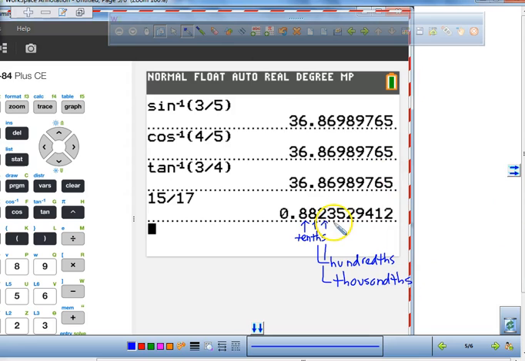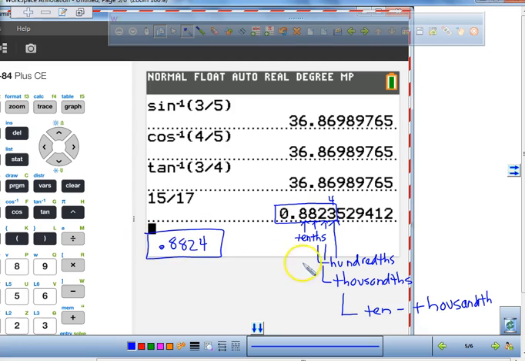Now that 3, which is going to round to a 4 because it's a 5 or higher, that one right there is in the 10,000ths. So when it says round to the nearest 10,000th, I want you to round to the 4th decimal place. So the answer you're going to put on problem number 1 is 0.8824. That's the answer, approximately, rounded to the nearest 10,000th place.